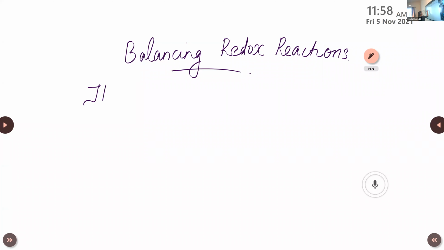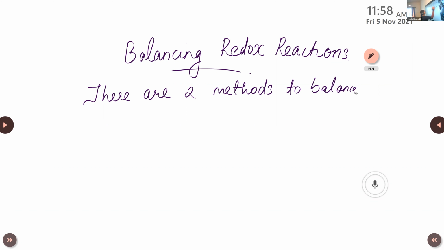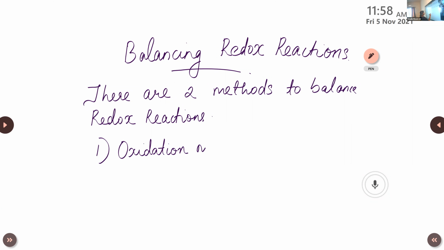First one is oxidation number method, and the second one is half reaction method.